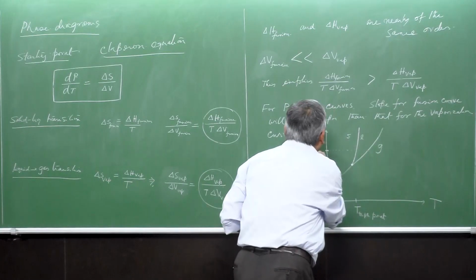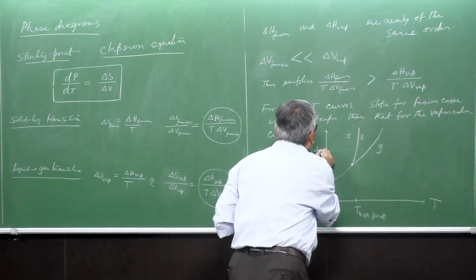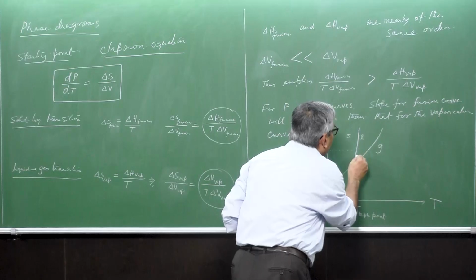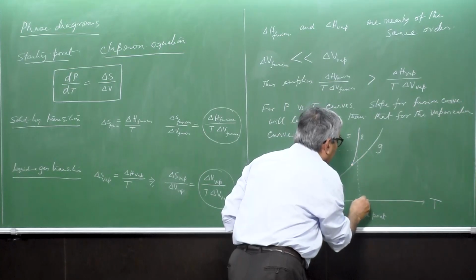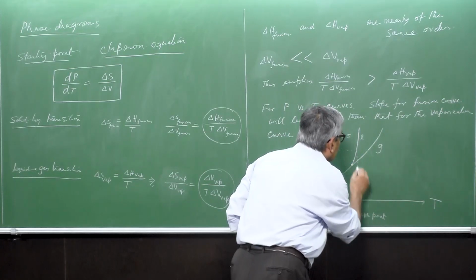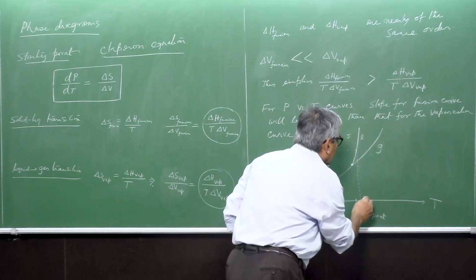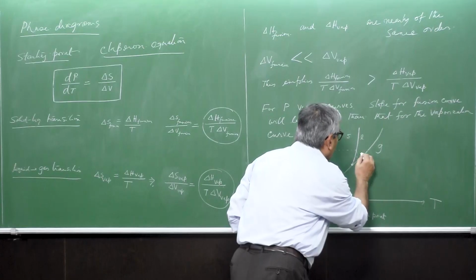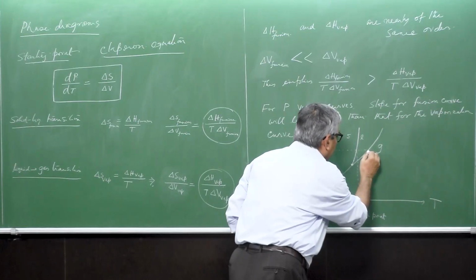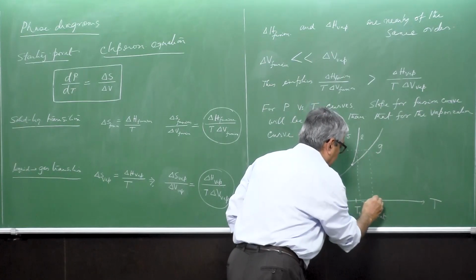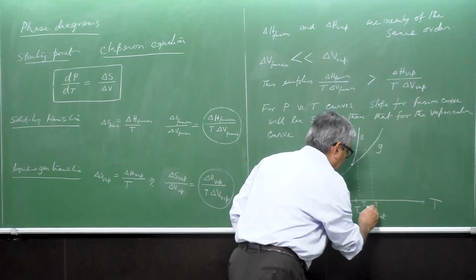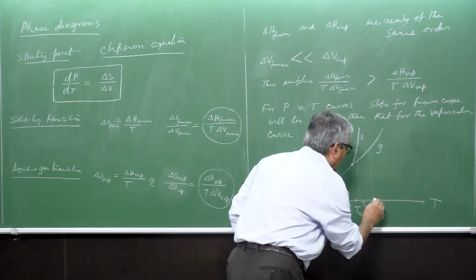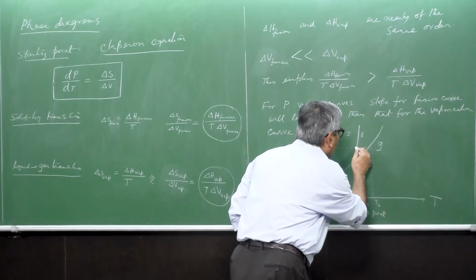So at 1 atmosphere, this may be T melting, and this is T boiling point. This is the normal boiling point.